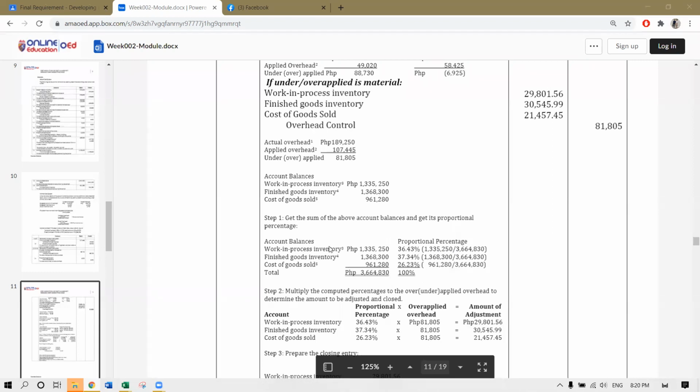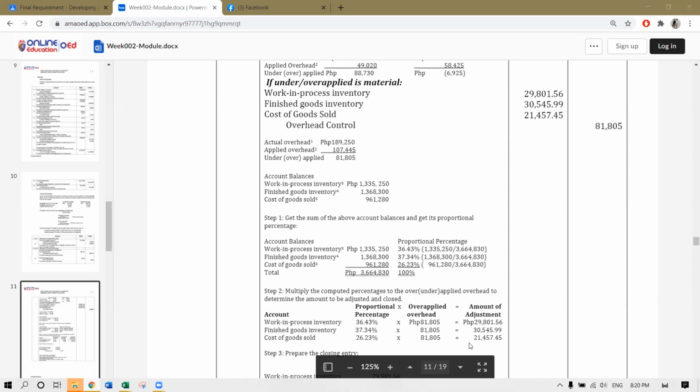So we compute the work in process ending balance, 1,335,250, divided by the total of the three, which is 3,664,830, and we get 36.43%. We allocate all the over or under application using these percentages.